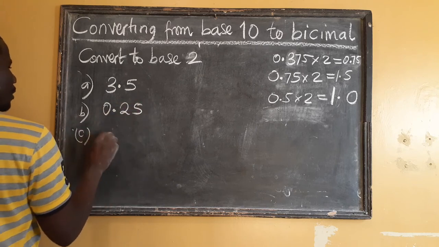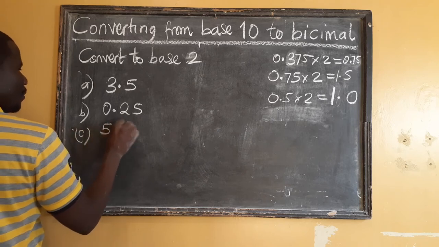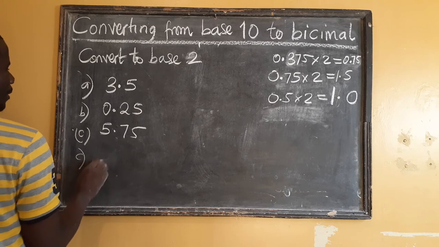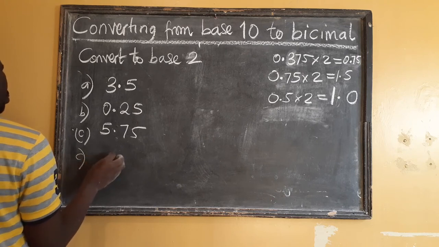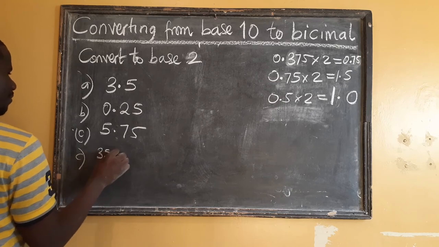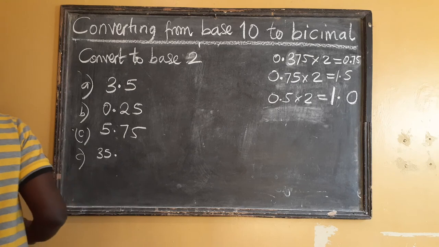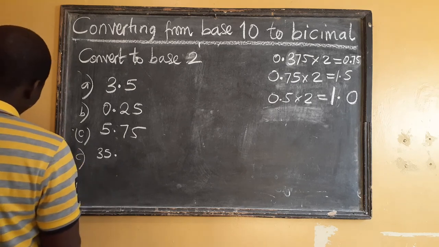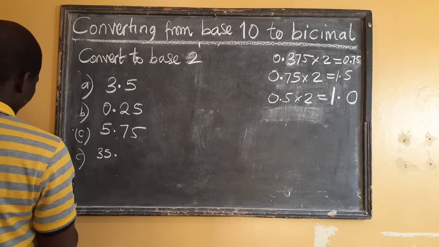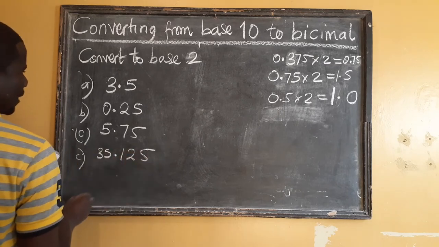C can have 5, and D can have maybe we say 35, comma 1, 2, 5.